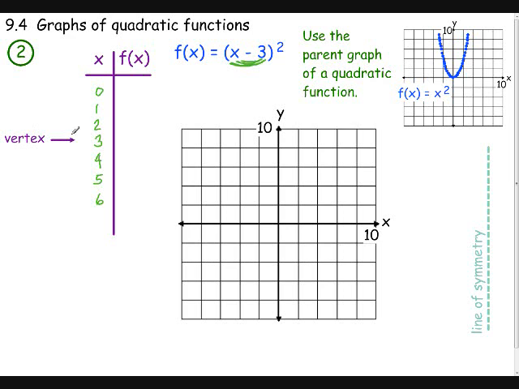You don't even have to know that yet. We'll just do a few points. When I put a 3 in, what do I end up with here? Yes. Okay, so putting a 3 in, I have a 0.